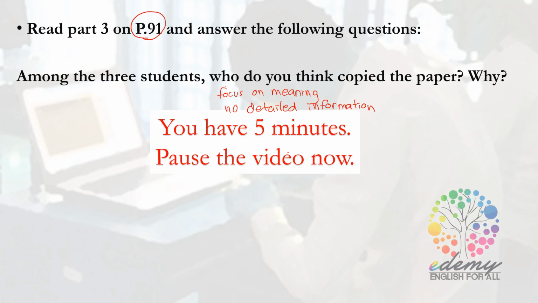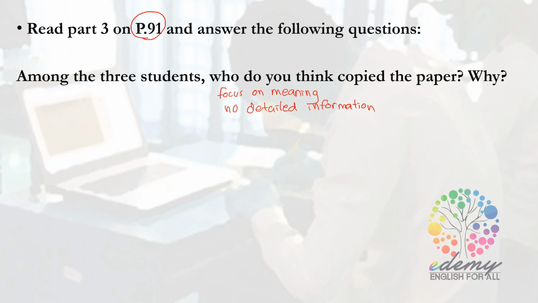Okay, 5 minutes is gone. To tell you the truth, there is no right or wrong answer for this question, because if you want to find out what really happened, you need to see the interaction session. Because in the interaction session, you will hear the last part of the story and you will decide who actually copied the paper.